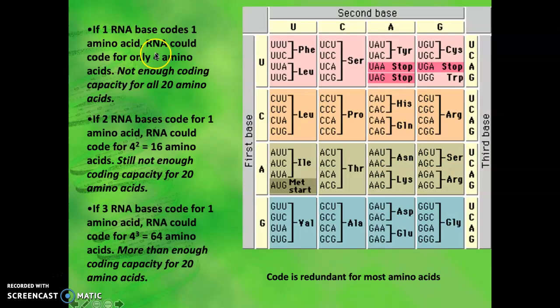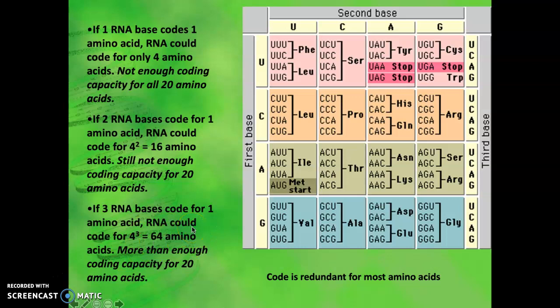So if I make one base code for one amino acid, that only gives me 4. If I have 2 bases coding for one amino acid, that only gives me 16. But if I have 3, that gives me 64 combinations that can code for 64 different amino acids.